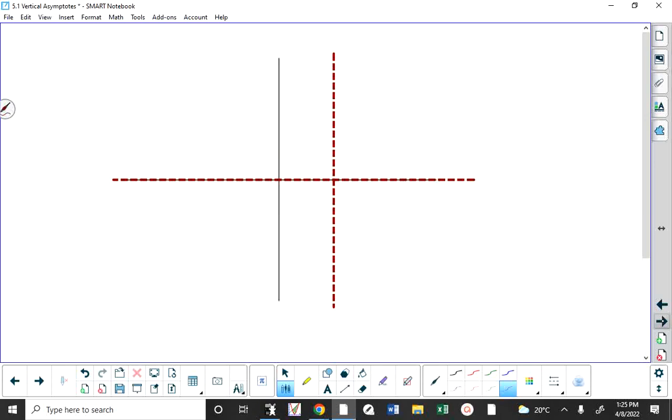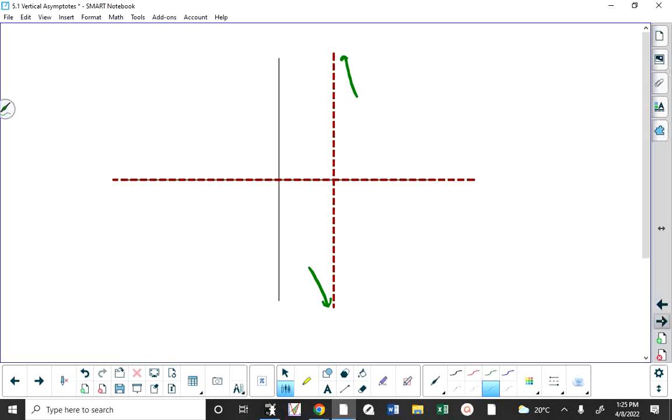So now we have to put this all together. Let's see. I've got my asymptotes in there. I'm going to draw something here, but I don't want you to commit to it on paper. I know that whatever we draw, it has to go down here and up there. We've already determined that from the limits on the left and the right of 1.